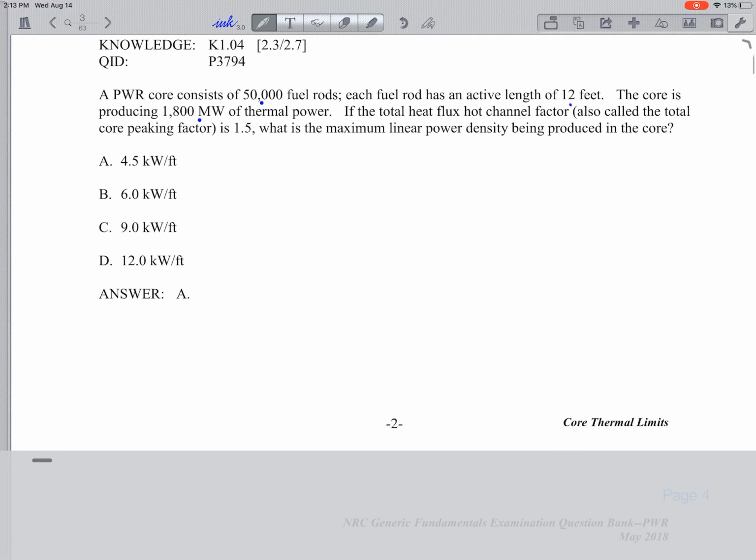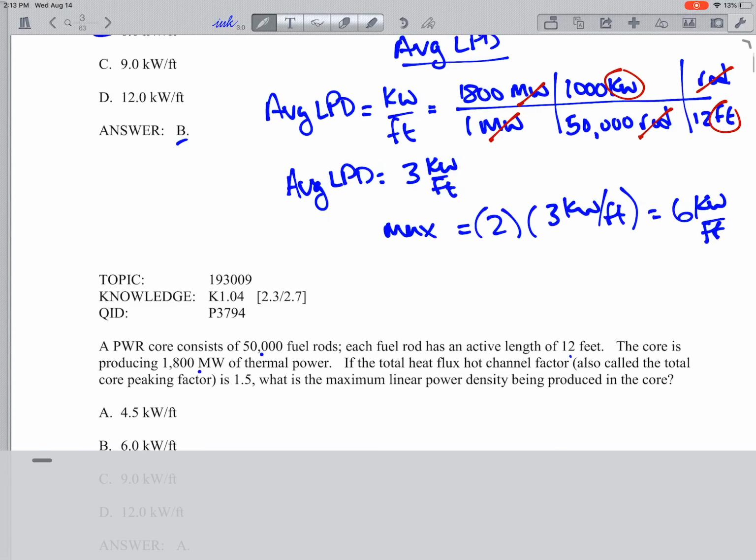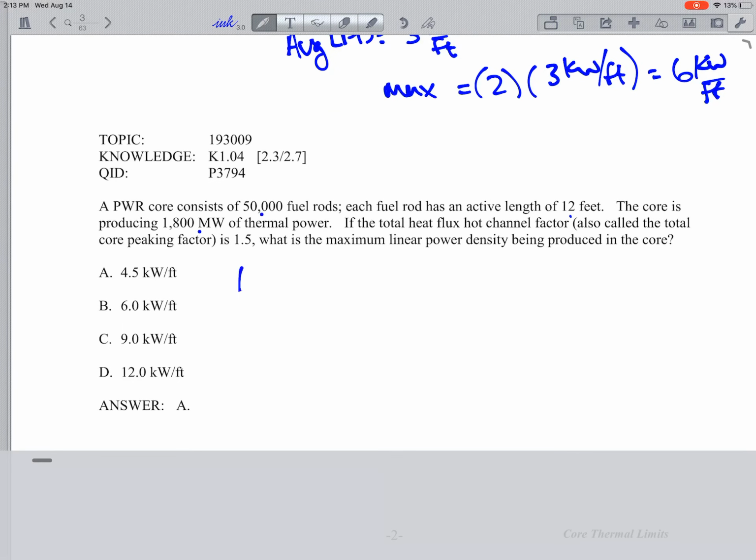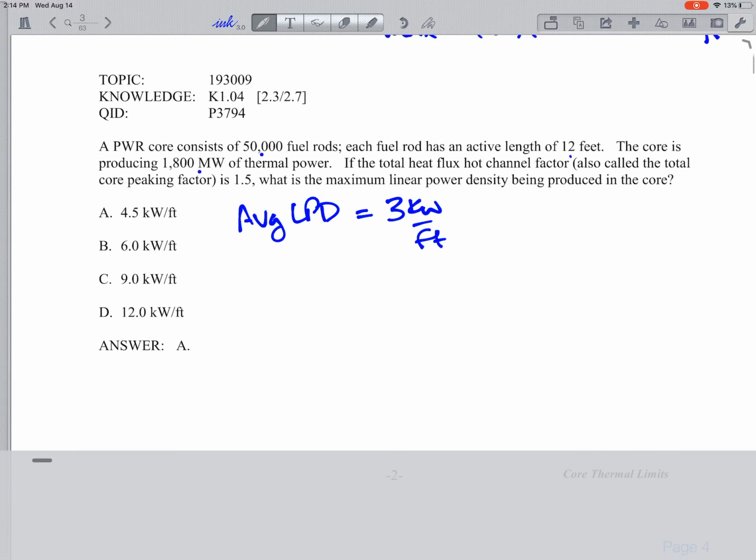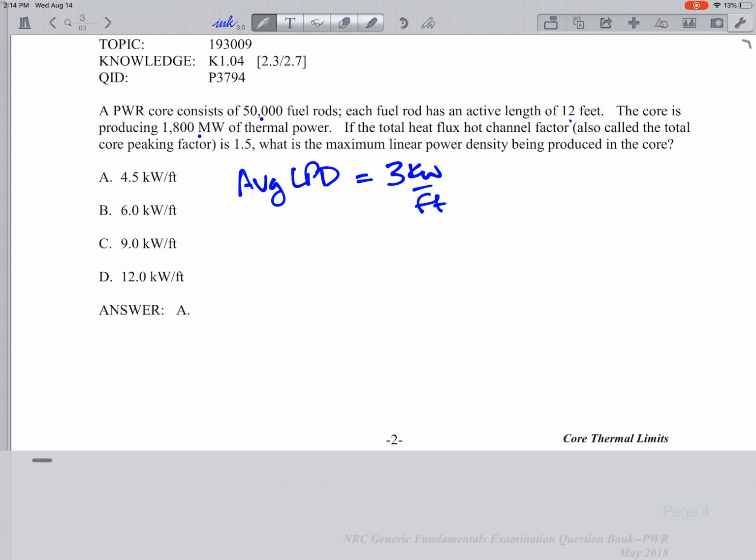This looks very familiar. You got 50,000 fuel rods, active length of 12 feet, core producing 1,800 megawatts of thermal power. So let's just not do the calculation again. Average linear power density is going to be 3 kilowatts per foot. And hot channel factor on this problem is 1.5.